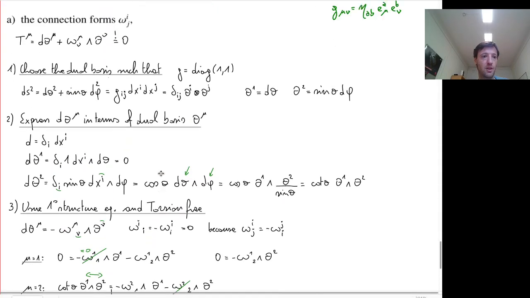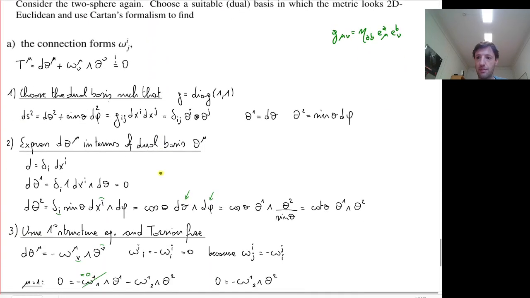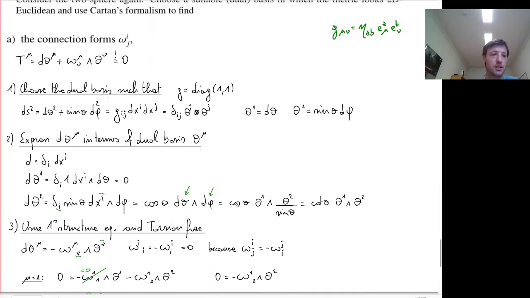That's it. Once we have that, remember that in GR or on these Euclidean manifolds, the torsion is equal to 0, and this easily allows us to compute the spin connection omega.